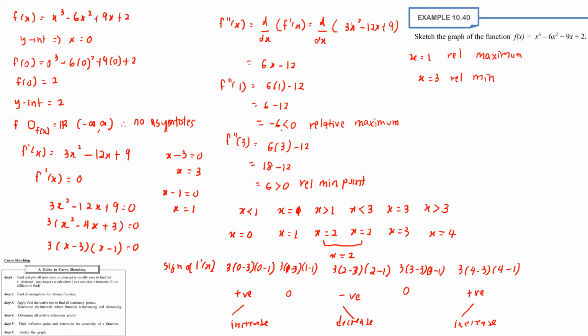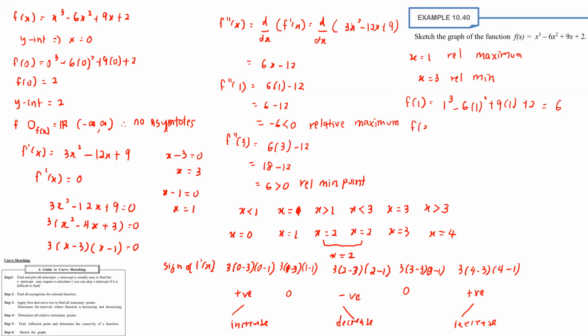Okay, we already found them here, right? So you have to substitute the values 1 and 3 into the function because we want to find the points. f1 equals 1 to the power of 3 minus 6 times 1 squared plus 9 times 1 plus 2, so you will get 6.